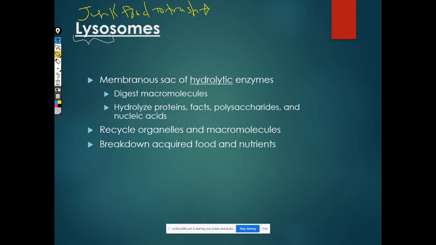So lyso looks like the word lyse, which we've seen before, right? Remember hydrolysis? We've played with this term before. So we know that the word lyse means to break, because when we did hydrolysis, we broke down large compounds into smaller compounds, in that case specifically using water.